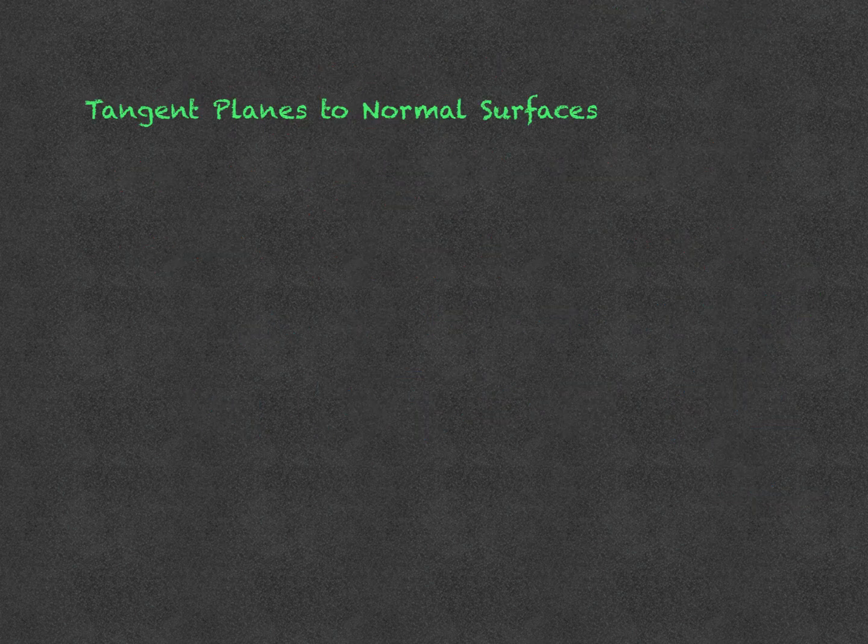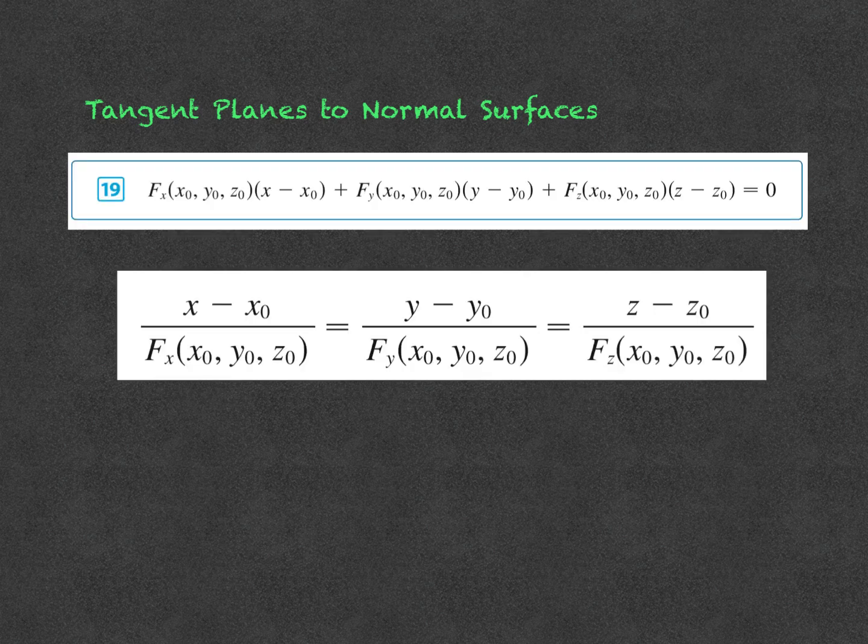So now we have tangent planes to normal surfaces, and this looks like it did before. The top one here is our tangent plane, and it's exactly what we did before. If you look at it, we have our partial, and then x minus x sub 0, our partial derivative with respect to y times y minus y sub 0, and our partial derivative with respect to z times z minus z sub 0 equals 0.